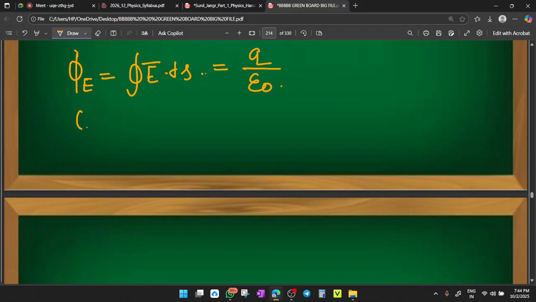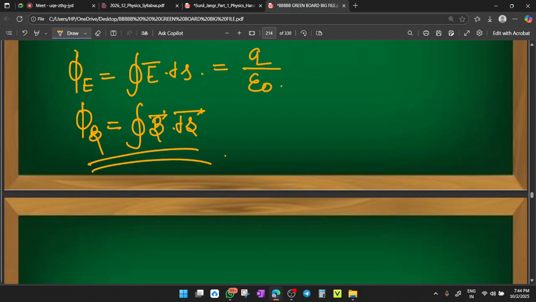Clear? And phi B, the magnetic flux, is given by the surface integration of magnetic field B dot dS. Very important. This will be important for the next chapter, electromagnetic induction, also. So phi B equals the integral of B dot dS, and this equals 0.